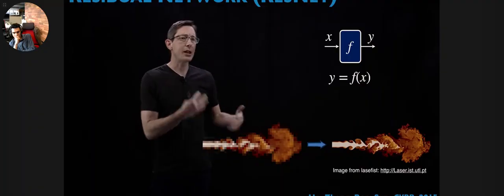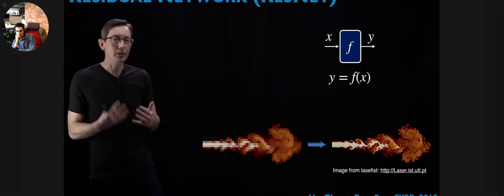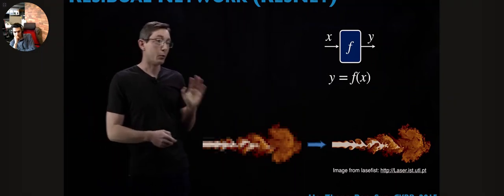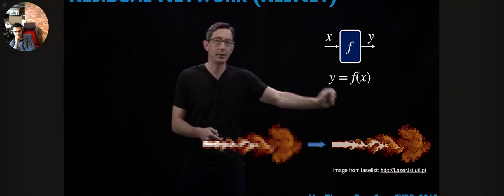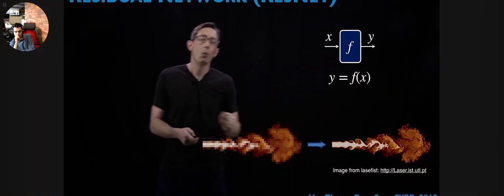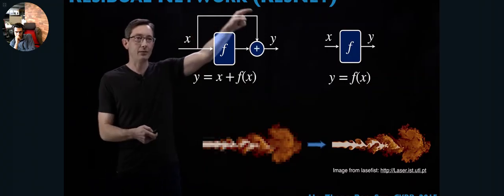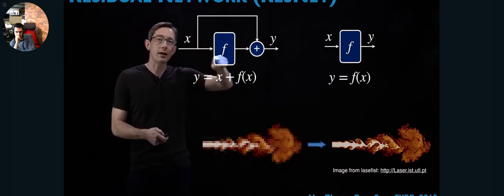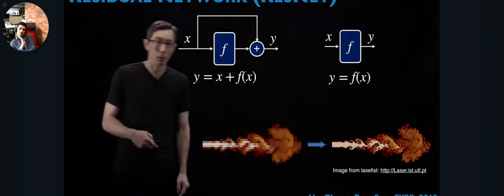Now, there's lots of ways of doing this, but the intuitive idea behind ResNet, or residual network, is instead of trying to learn this mapping from X to Y, why don't I create a copy of X and only try to model the difference between X and the desired output Y?